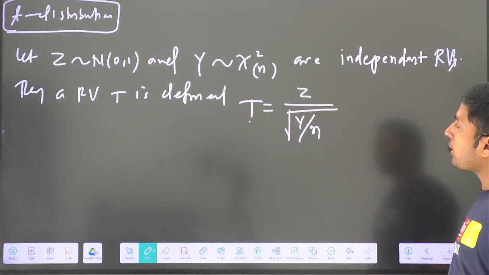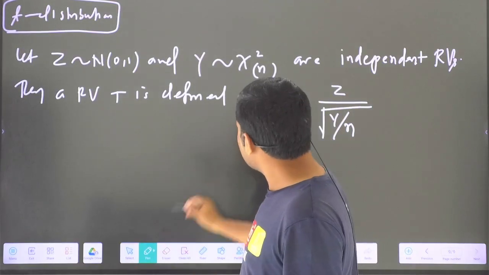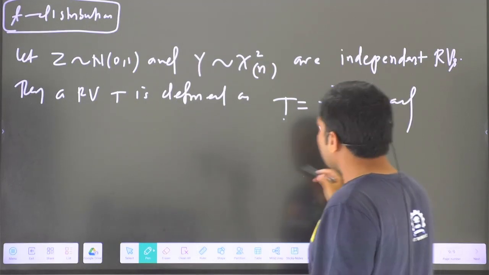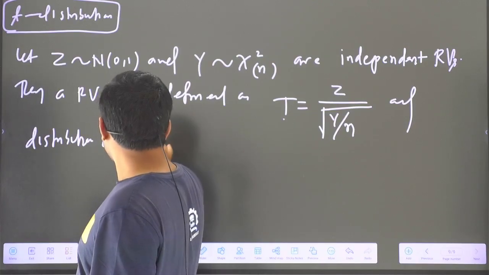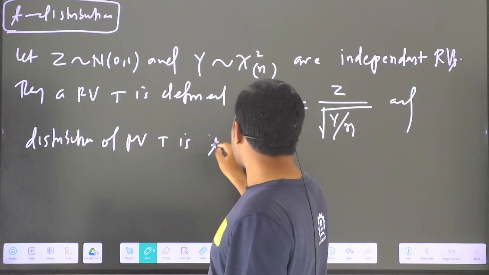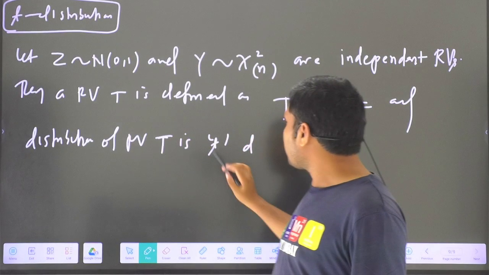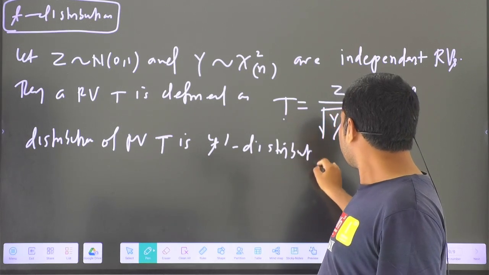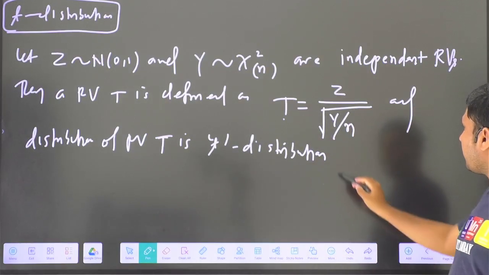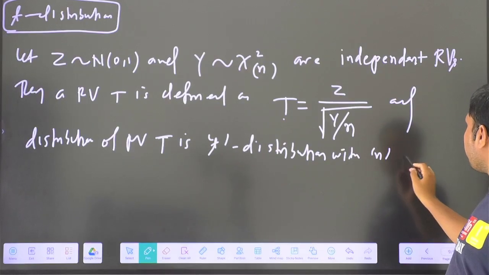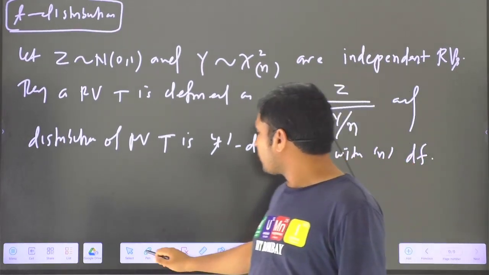Then a random variable T is defined as above, and the distribution of the random variable T is the T distribution. Capital T is the random variable, small t is the value. The distribution of random variable T is the T distribution with n degrees of freedom.